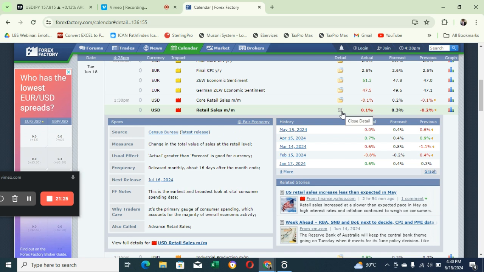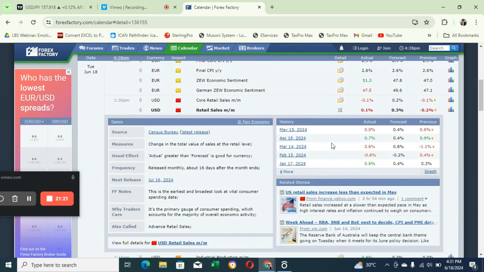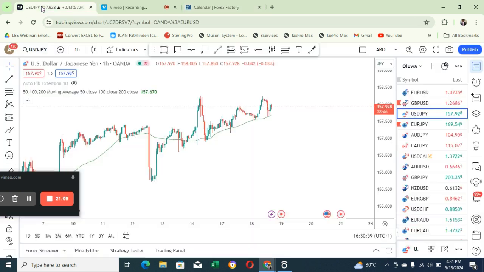This is a possible sell. Any news that comes out in this order means it's going to go short on any US-based currency pair.